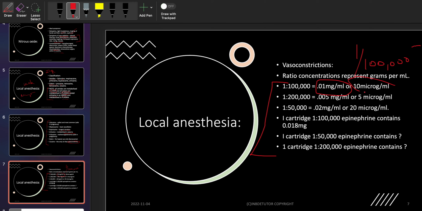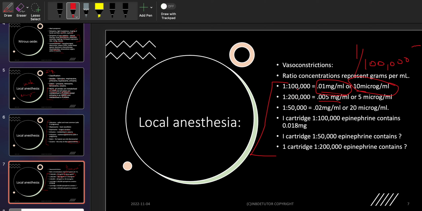So this is how I got my calculation, right? So how do I basically remember it? I prefer to remember it as it is. I will remember this calculation. 1 is to 100,000, which is 0.01 milligram per milliliter, and the second one is double of 100,000, which is 200,000, and you just make it half, which will be 0.005, and it is half of this 10.